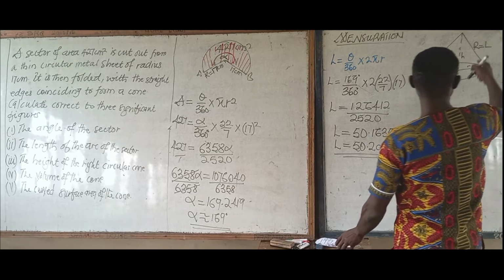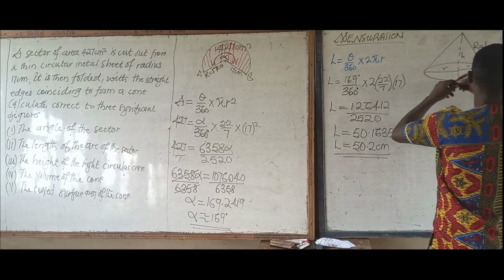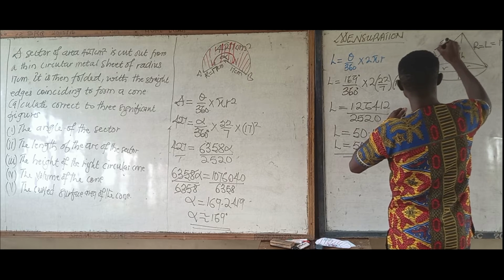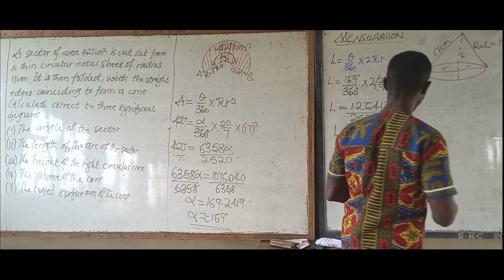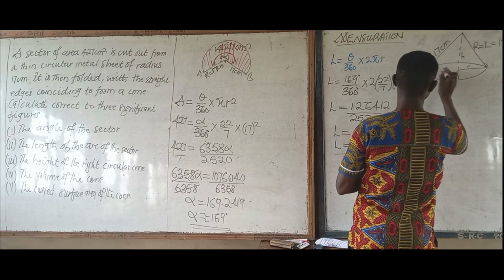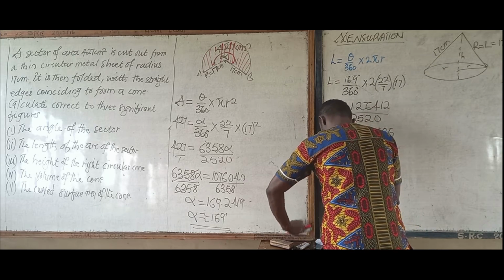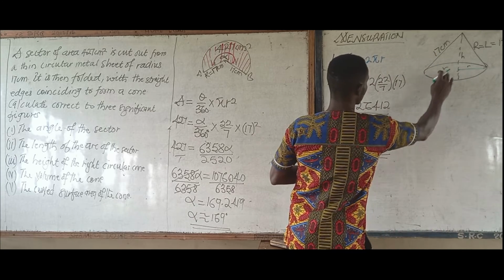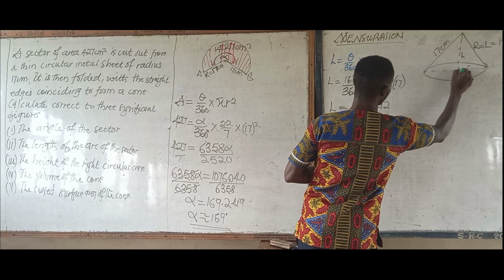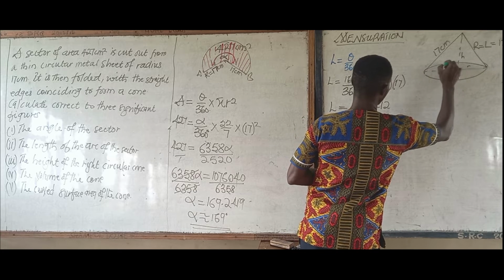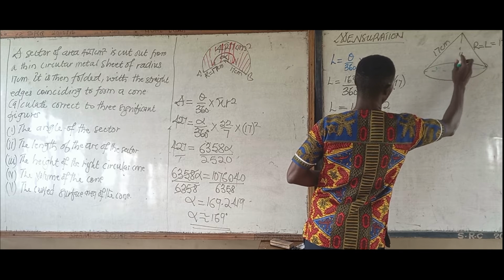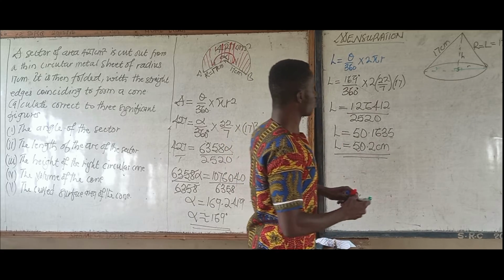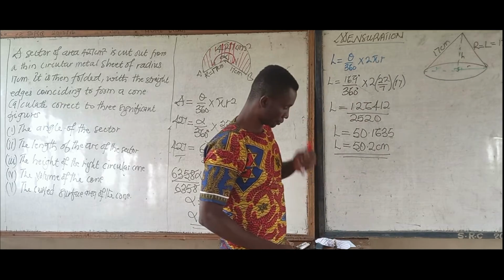Now, this R, the radius of the circle, is equal to 17 centimeters. So here is 17 centimeters. Clearly, it has been shown. This is the height of the cone, and this is the radius of the cone.